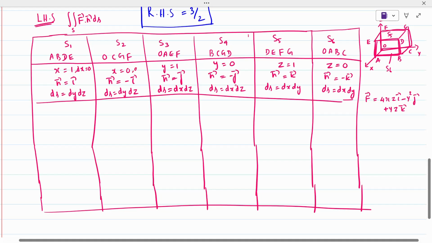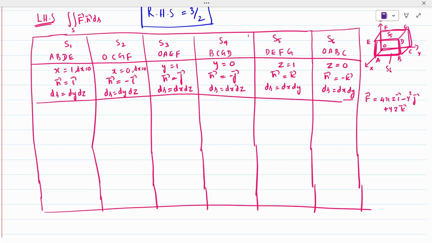Same way here dx is 0. dy is 0. dy is 0. dz is 0. Here also dz is 0. Okay, completed. Now integrate it.